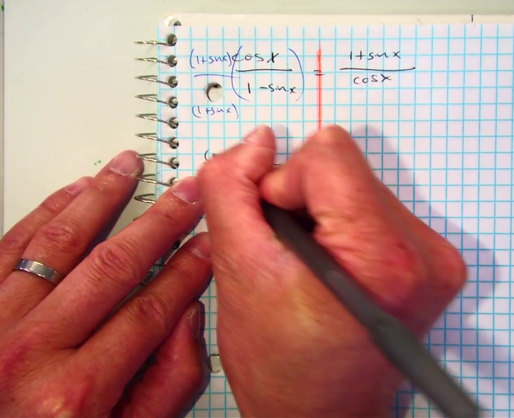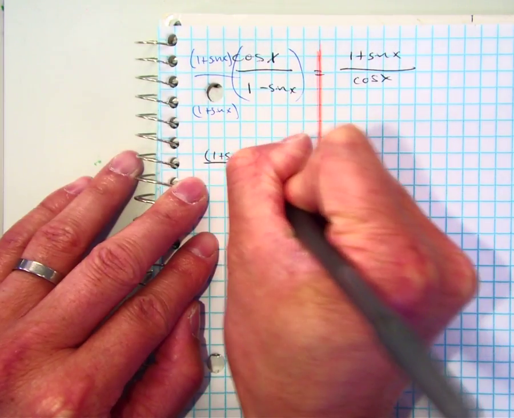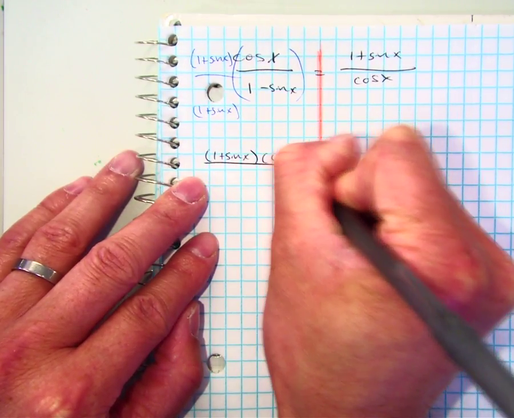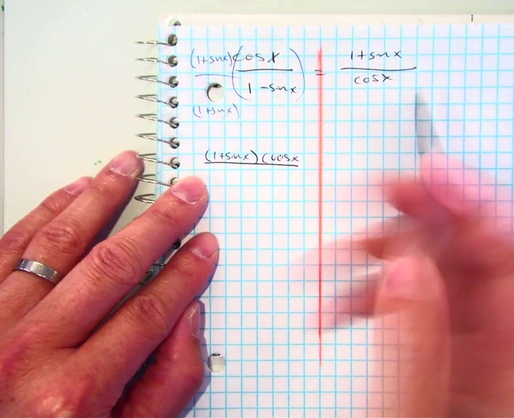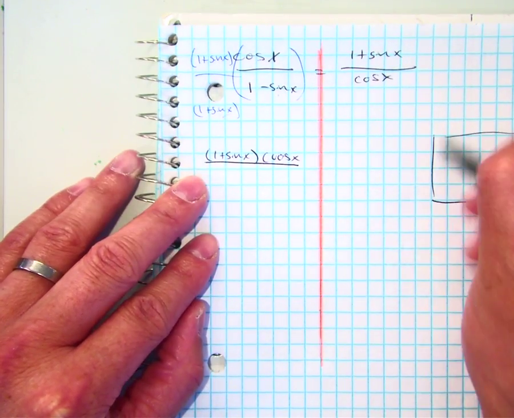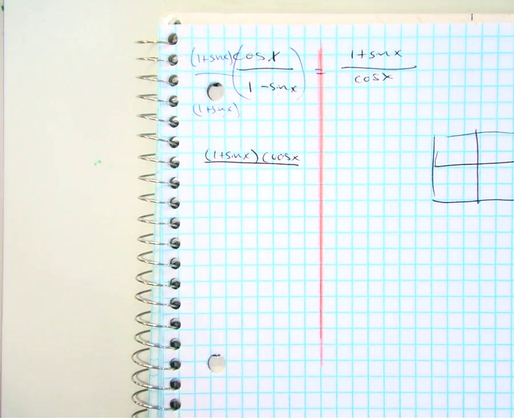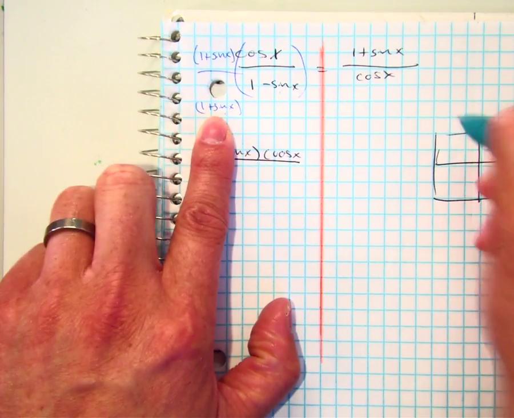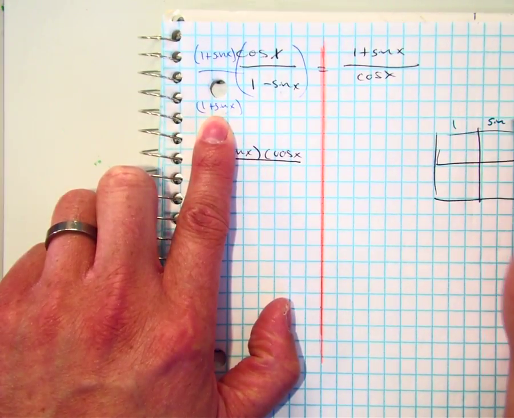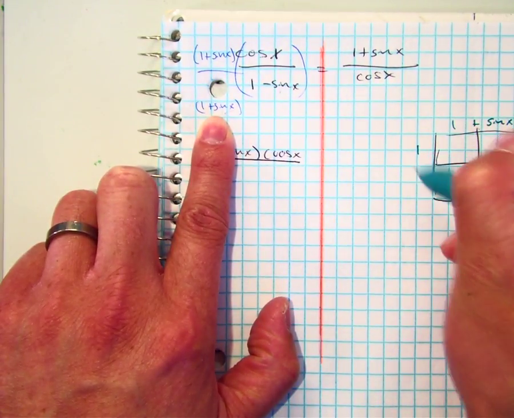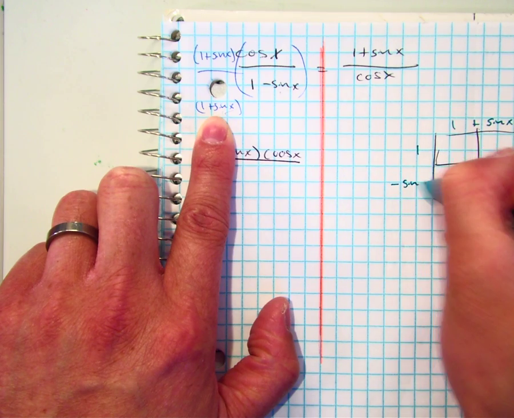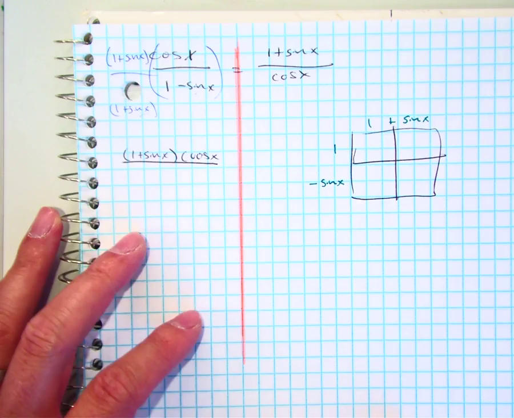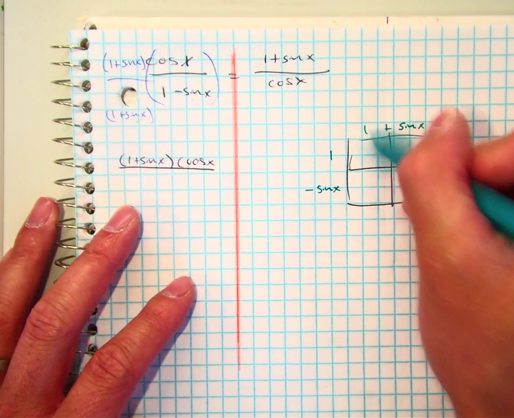I'm just gonna keep it as is. Here I'm gonna go ahead and multiply these. One plus sine x, 1 minus sine x. So if I multiply those, what do I get?